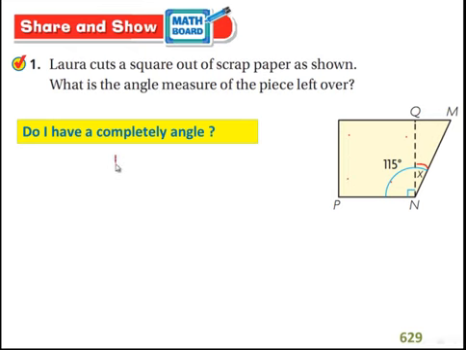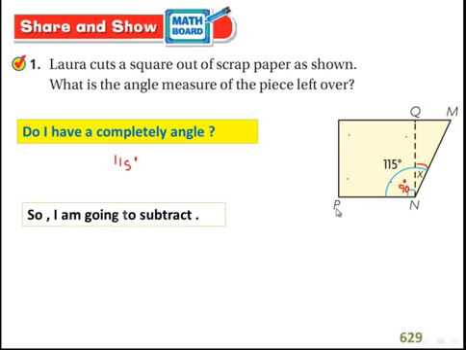115 degrees. Right. And can you see another thing? Yes, teacher. I can see one part that is a right angle, so it measures 90 degrees.